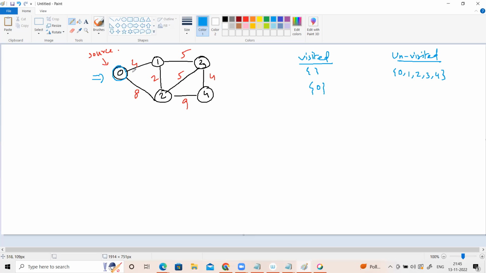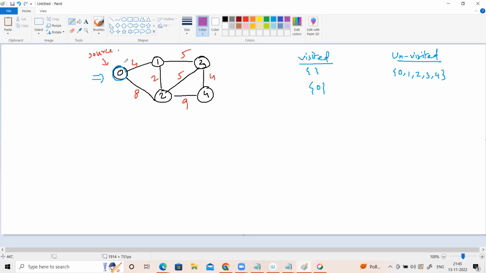Who are the adjacents? Who are its neighbors? 1 and 2. But I need to mention that we need an initialization step, a very beginning step, which will help us to iterate this algorithm.